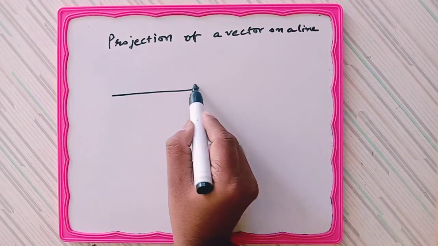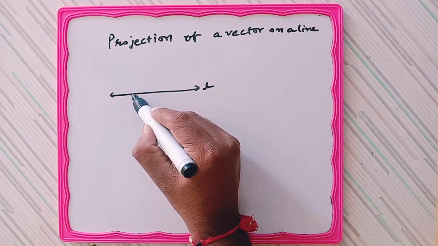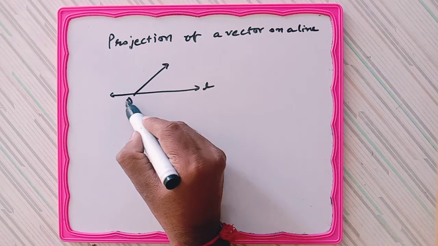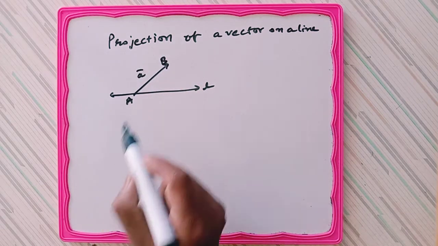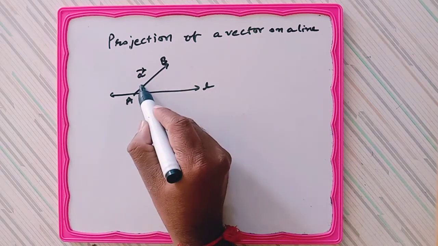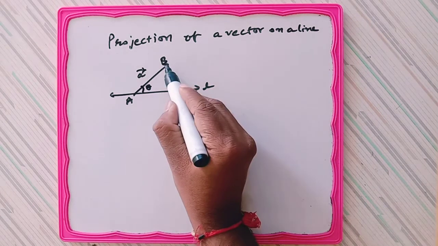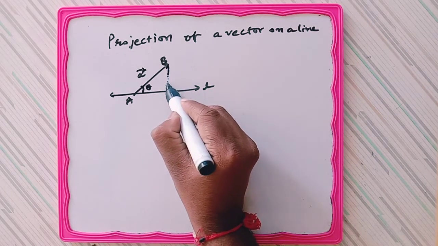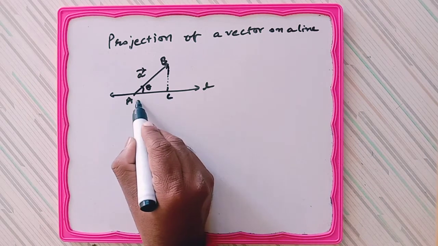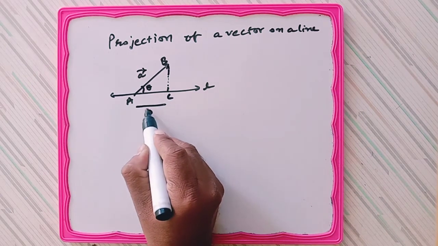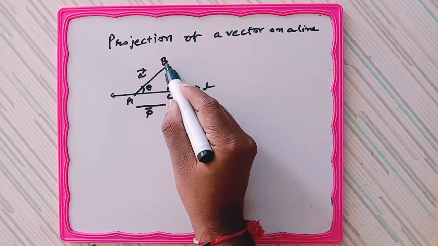So line L is there, and a vector a bar or vector AB with magnitude a bar makes the angle theta with the line L. Then from B we draw the perpendicular on line L, then we get the point C, then AC is the P vector, then we can say that AC is the projection of AB on L.